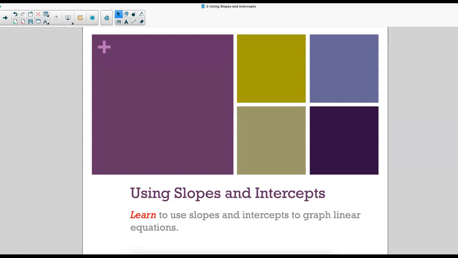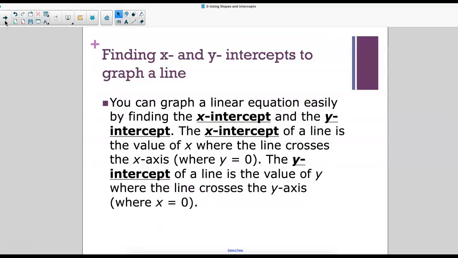Pay close attention. On your notes, the second slide says finding x and y intercepts to graph a line. You can graph a linear equation easily by finding the x-intercept and the y-intercept. If I look at a graph, this is your x-axis, this is your y-axis. How many points do we need to graph a line? 2.